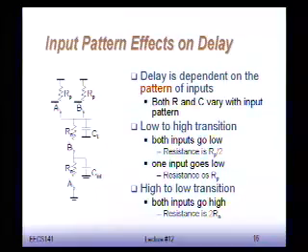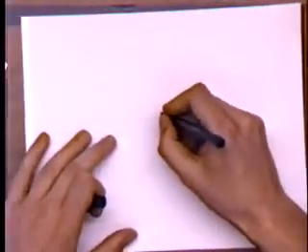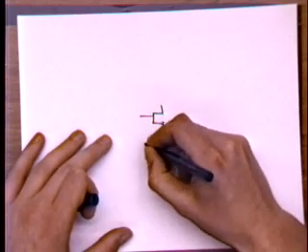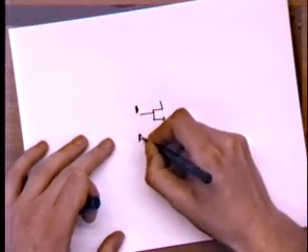Okay, there is also some other interesting property of complex gates. Let's assume that I have one input at 1. Let's say B is fixed at 1, okay? And then what happens in the next cycle is that A was at 0, so the output used to be high. And then A goes to 1. So let's go to overhead, and then I'll draw the transistors again. So let's consider this scenario. This is B, this is A, okay?